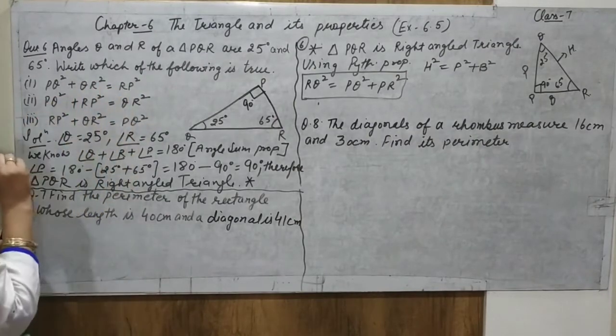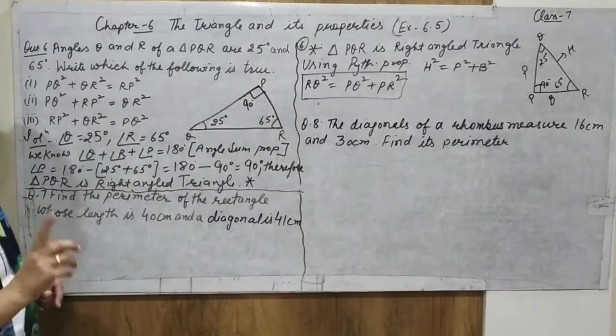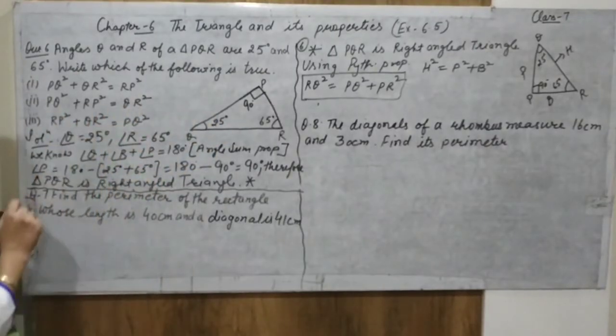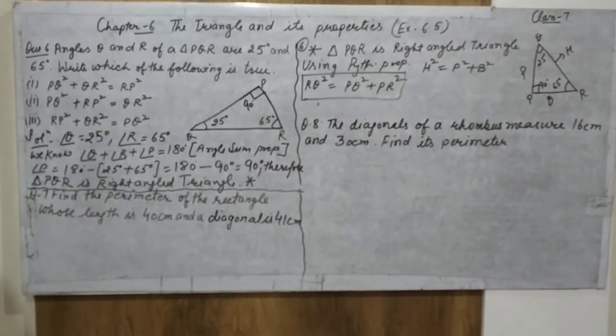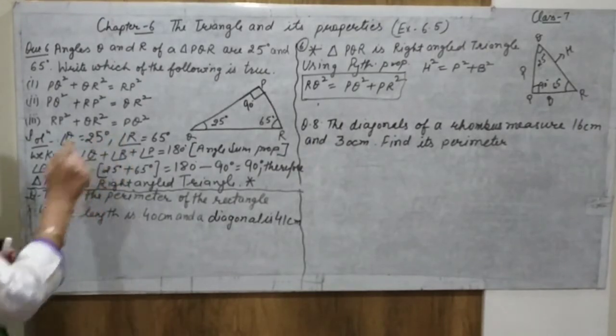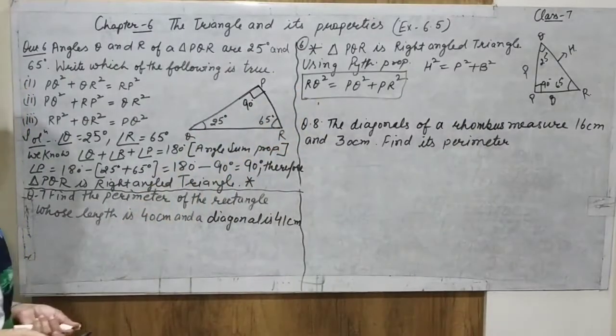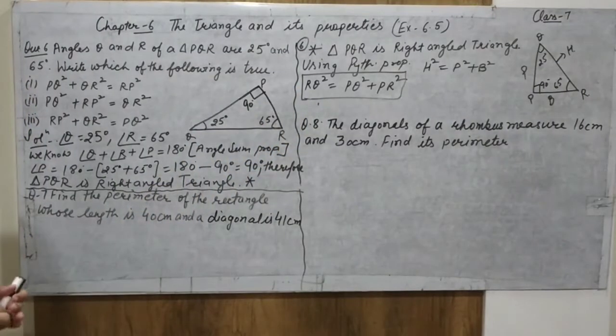Now is RP the hypotenuse? No, according to the triangle RP is not the hypotenuse. QR is the hypotenuse. See, QR is the hypotenuse or PQ is the hypotenuse? QR or RQ, you can write in any way, that doesn't matter. The distance is similar.